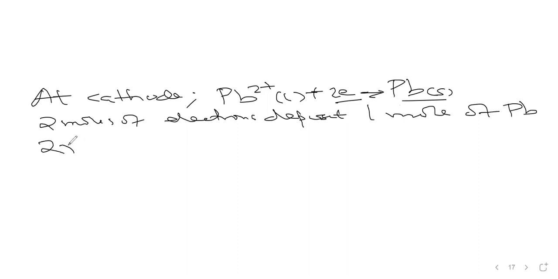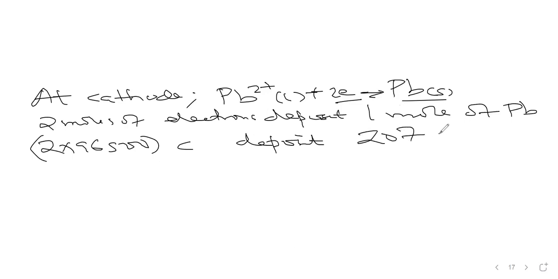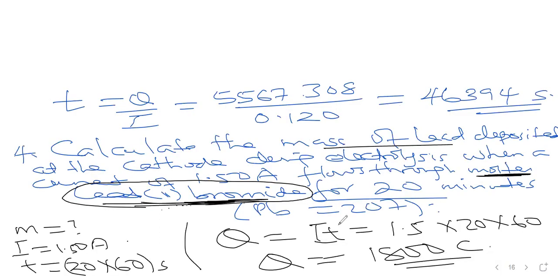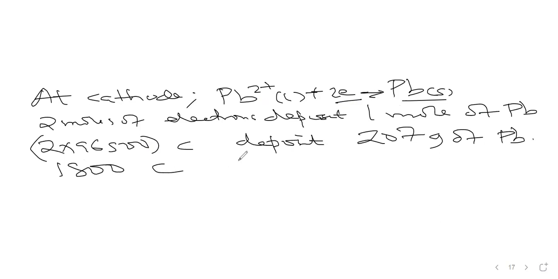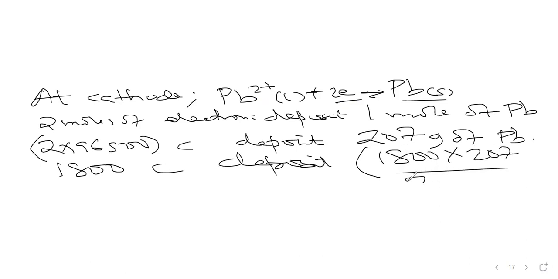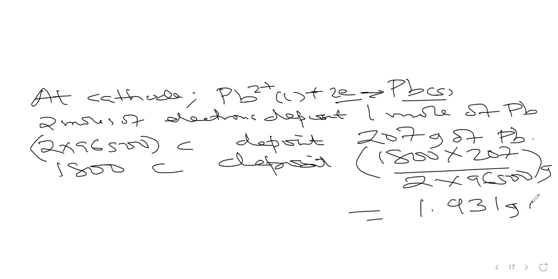That implies that 2 times 96500 coulombs of charge deposit 207 grams of lead, which is 1 mole. How about the charge we have got here, the 1800? 1800 coulombs deposit 1800 times 207 over 2 times 96500 grams. And the answer we get from this is 1.931 grams of lead.